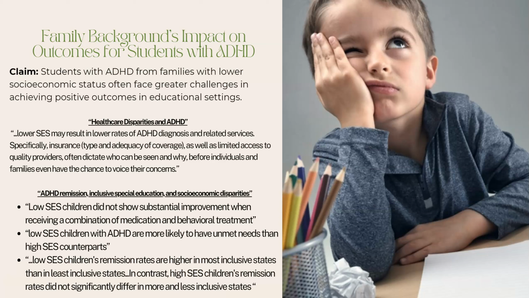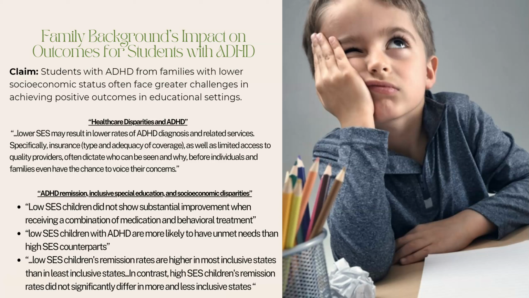The second piece I looked at is called ADHD Remission, Inclusive Special Education, and Socioeconomic Disparities, which found the following. Low socioeconomic status children did not show substantial improvement when receiving a combination of medication and behavioral treatment.